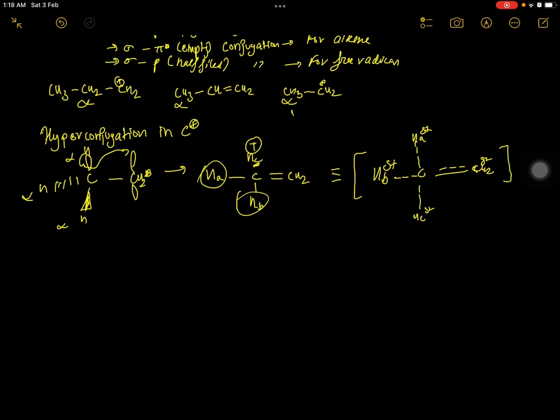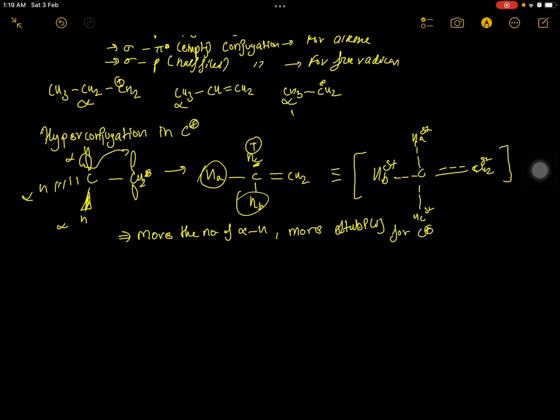We know hyperconjugation with C plus is also called sigma p empty conjugation. And this is the main thing you need for solving questions: the more the number of alpha hydrogens, the more the stability for the carbocation.